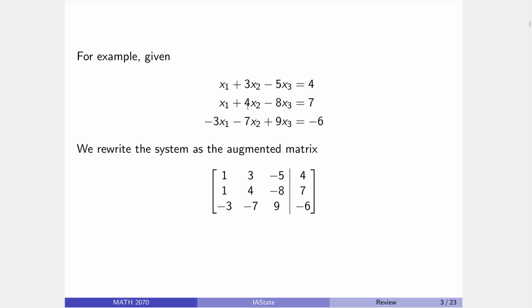So 1, 3, 5, 1, 4, negative 8, negative 3, negative 7, 9. There we see those as our matrix. And then our right-hand side, 4, 7, negative 6. And as we noted, you can take the matrix of coefficients and the right-hand side and smash them together, put a bar between them, as a facsimile of the equality sign.